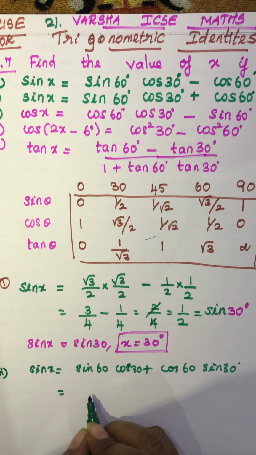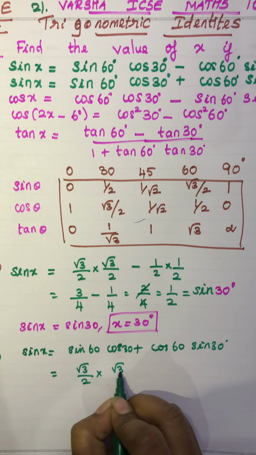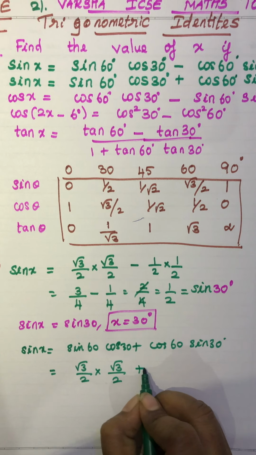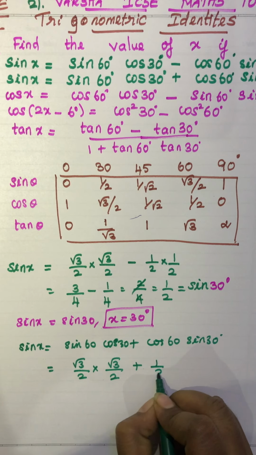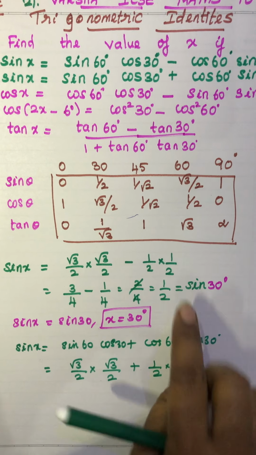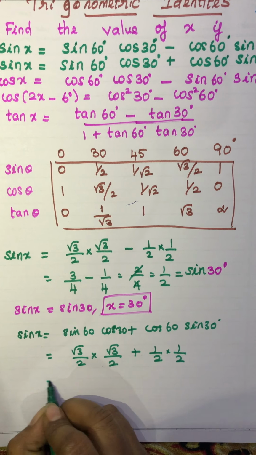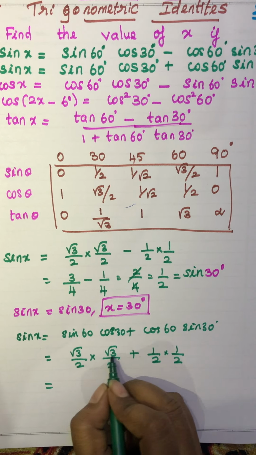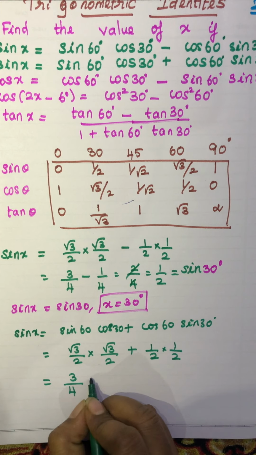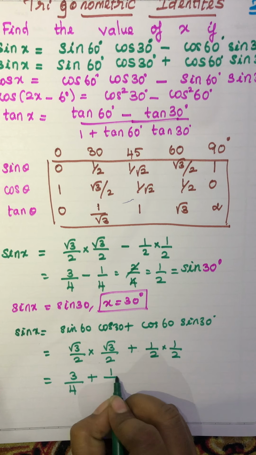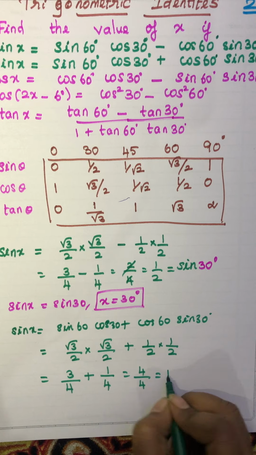Sin 60 is equal to root 3 by 2, cos 30 is equal to root 3 by 2, plus cos 60 that is 1 by 2, sin 30 that is also 1 by 2. Okay students, root 3 into root 3 is 3, 2 into 2 is 4, plus 1 by 4. So 4 by 4, we get 1.